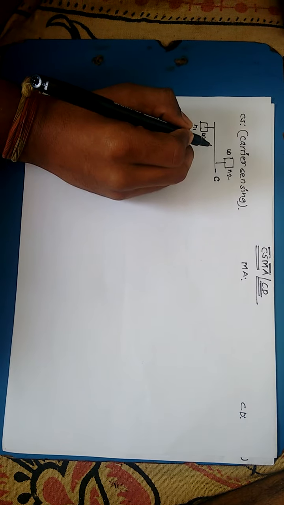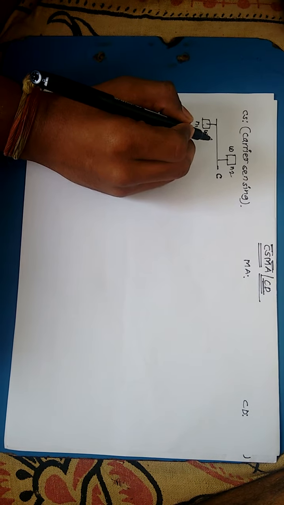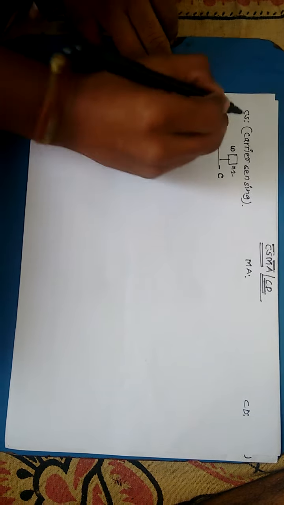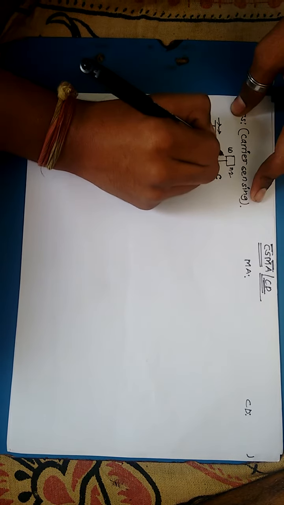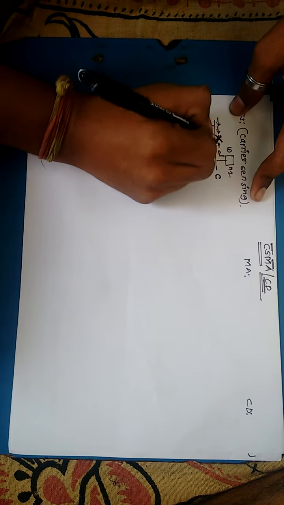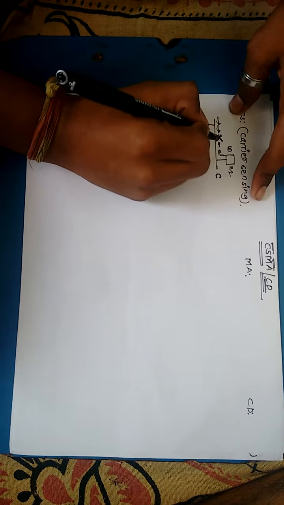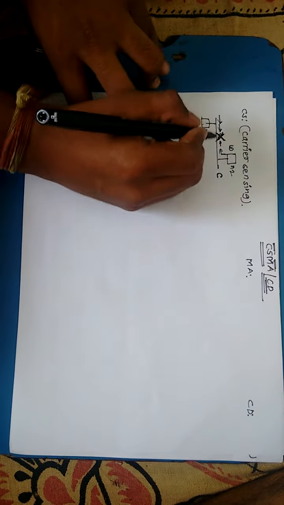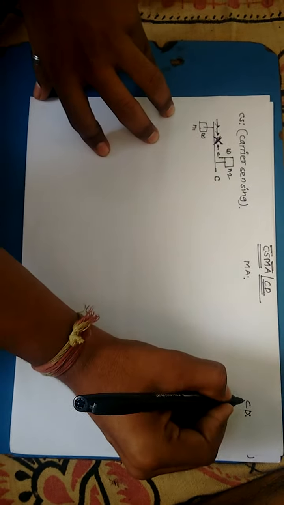Let's see what happens when both transmit the data at the same time. When N1 and N2 sense the carrier at the same time and transmit the data, a collision will occur. We will see more about collision in CD, collision detection.